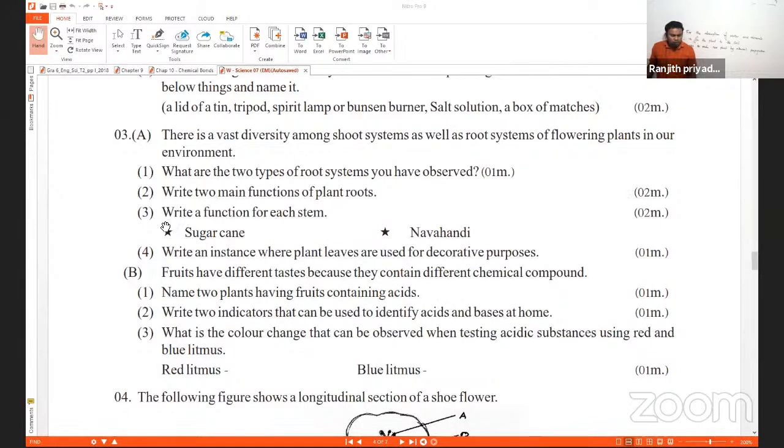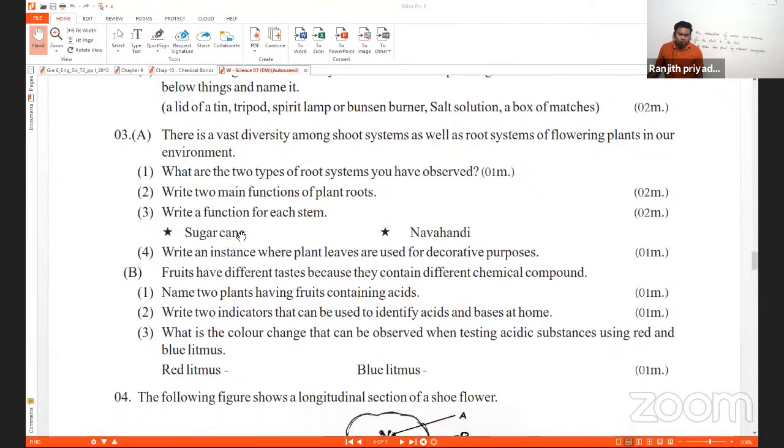Third question, write the functions of each of the stems, for example sugar cane. Yes, store food. No, not that. Write the function of each of the stem. Yes, very good. This question asks about stems, after asking about roots. So that's for the storage of food as sucrose.